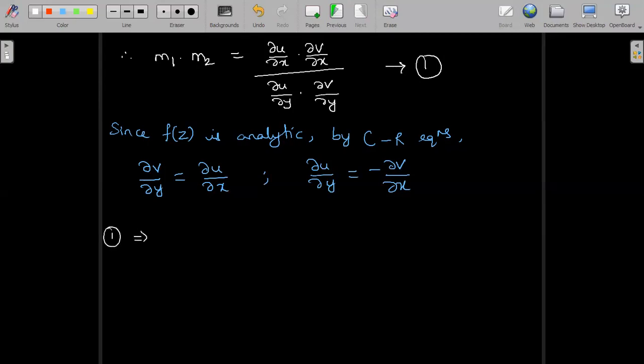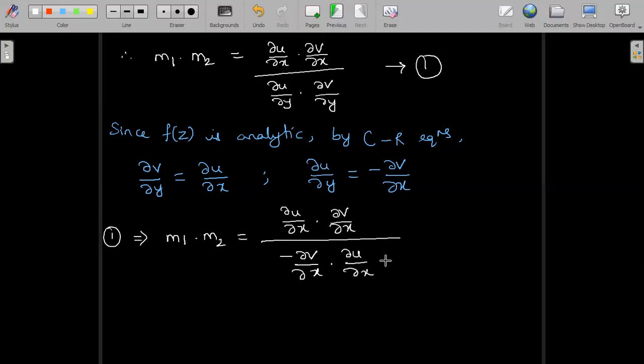So equation 1 implies m1 into m2 is equal to, numerator I will retain as it is, dou u by dou x into dou v by dou x. Denominator, dou u by dou y into dou v by dou y. Dou u by dou y is minus dou v by dou x, and dou v by dou y is dou u by dou x. Right?